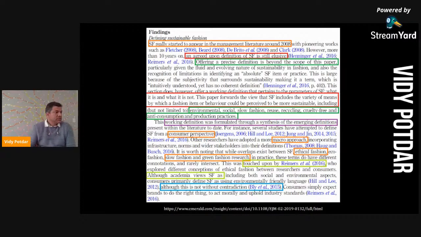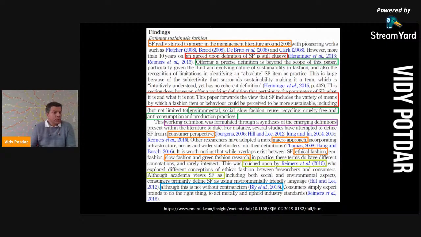Consumer perspective was studied by this. Other researchers looked at a macro approach and then some examples. Some others looked at ethical fashion, slow fashion. Some also looked at the words that are used to describe it. So you can imitate or use these words when you are writing as well, so your writing also improves in quality.